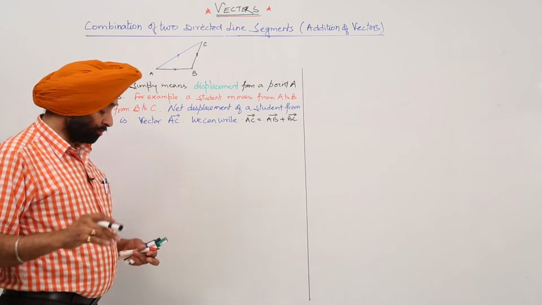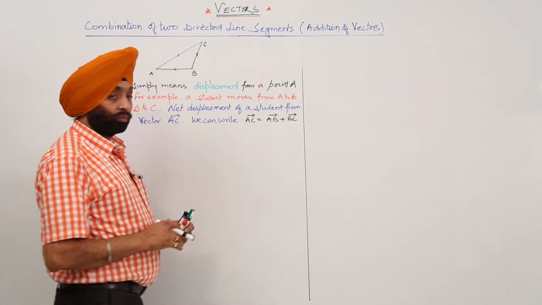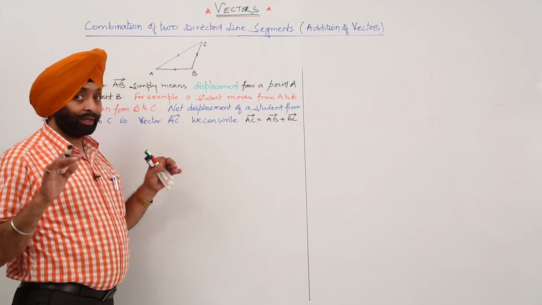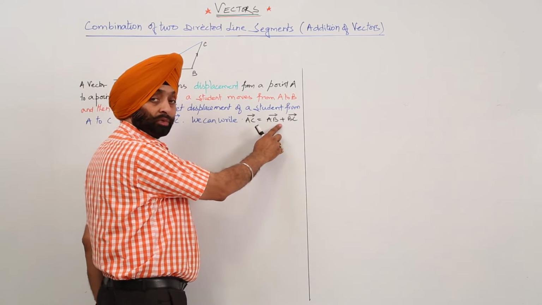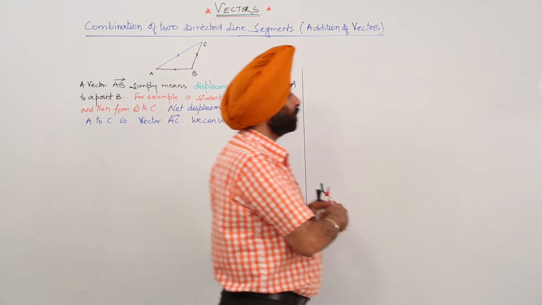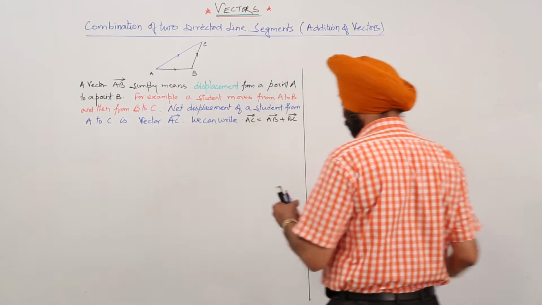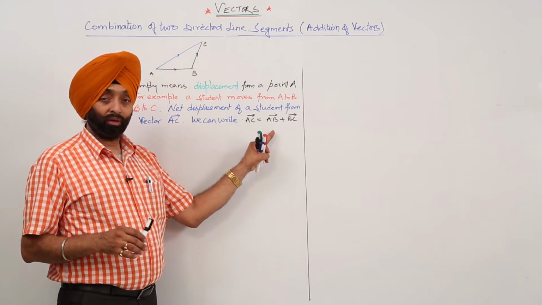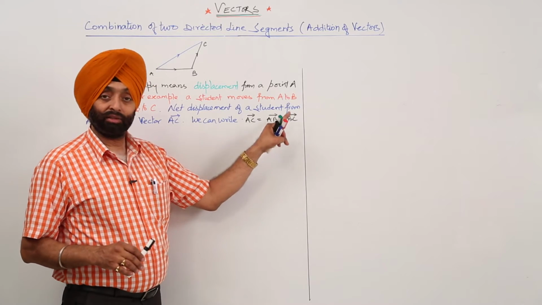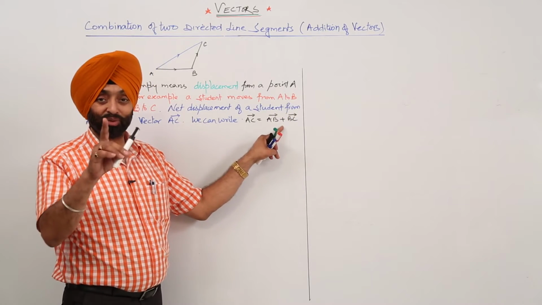Now remember one thing: I kept silent when I wrote this symbol here. This was plus. So it is vector AB plus vector BC. What this symbol means, I am going to tell you.